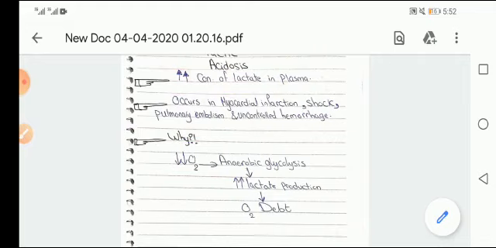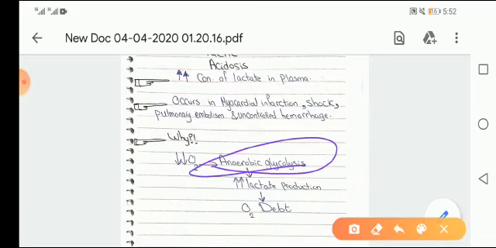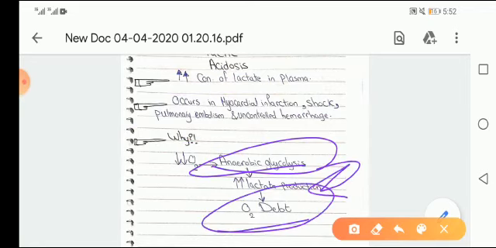So not enough oxygen is reaching the cells. Again, low oxygen supply would lead the cell to shift from aerobic glycolysis to anaerobic glycolysis, again increasing the lactate production, which finally leads to oxygen debt.